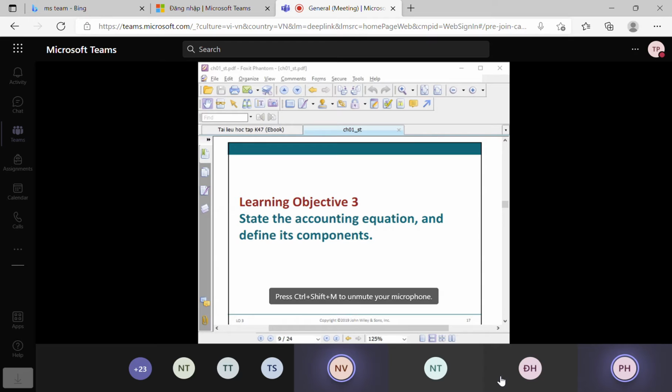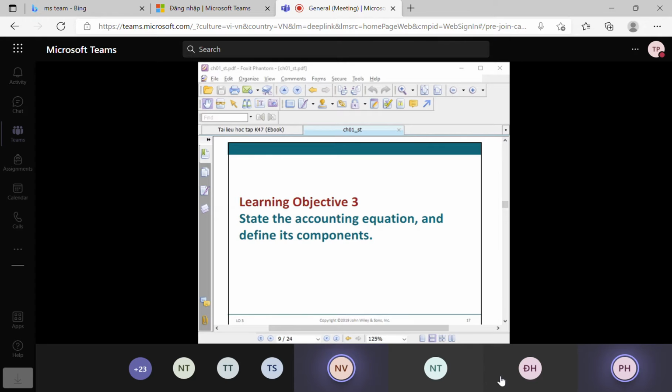This is a recipe, this is the formula, this is the standard. And you can modify, add or reduce something, depending on your taste. So the accounting equation is the very basic foundation of accounting.